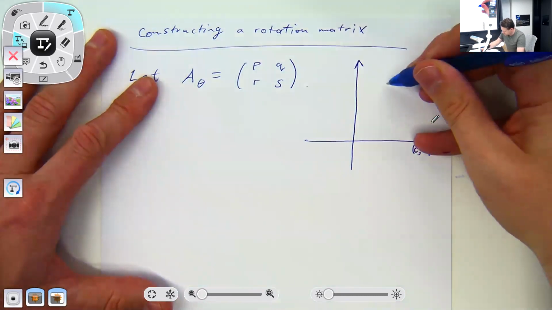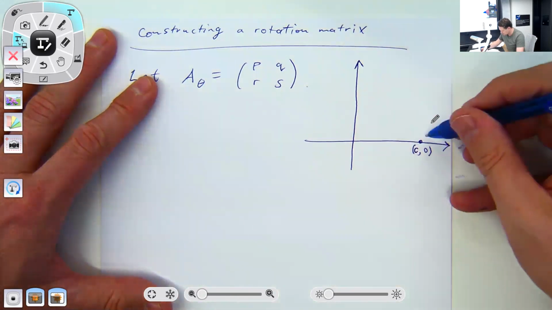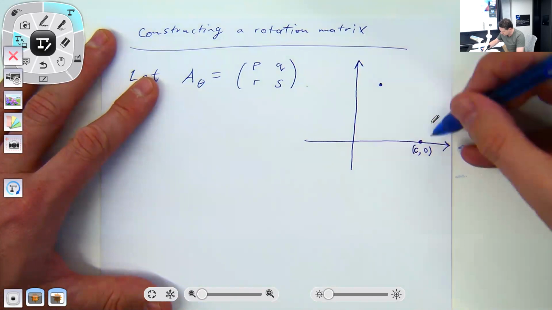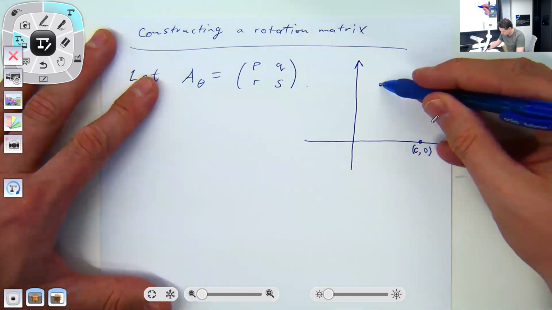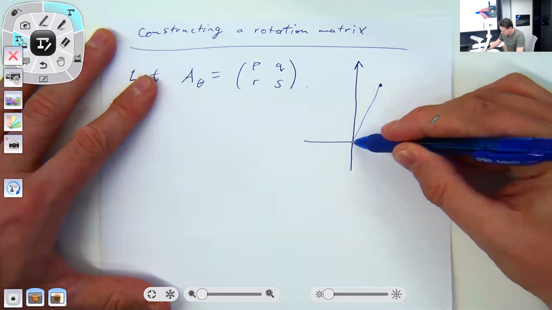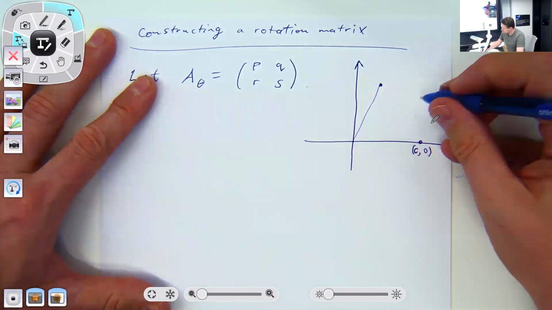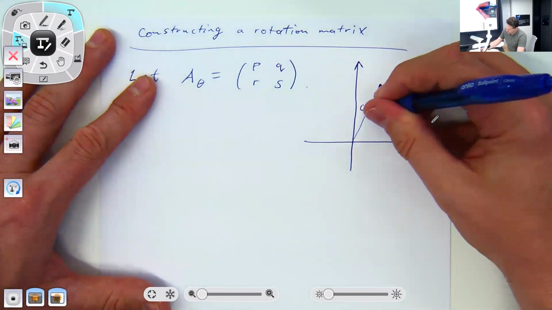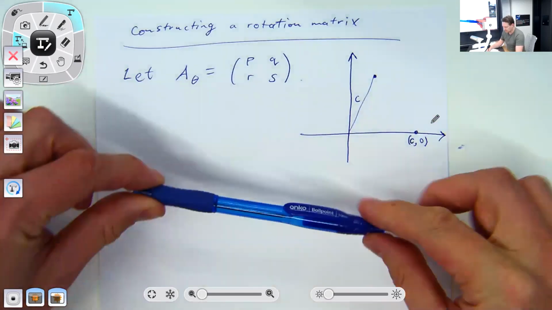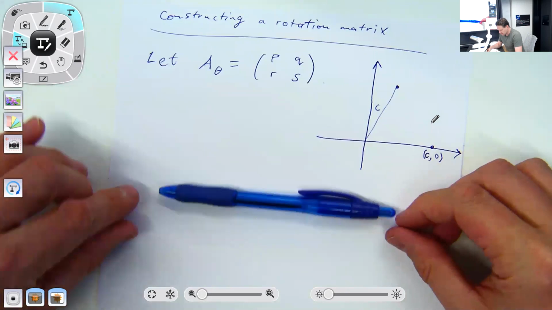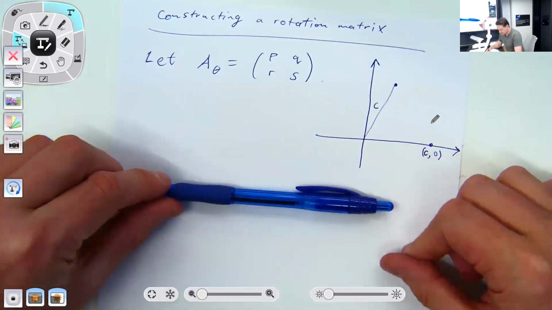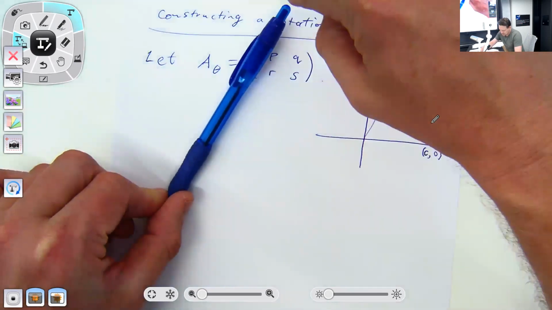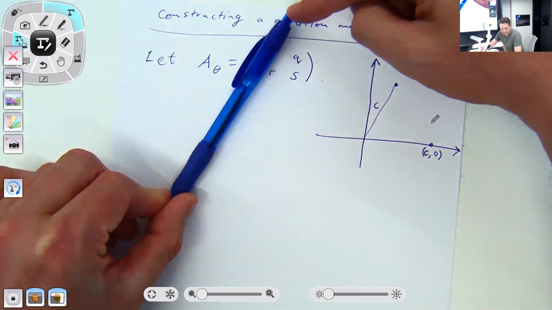So let's put our point, now it should have the same distance. I'll try my best to get the same distance from the origin. And we know what that distance is, right? It's got to be c. Because if I have my pen here and I rotate my pen from this point counterclockwise, I end up with a new point at the end of my pen.